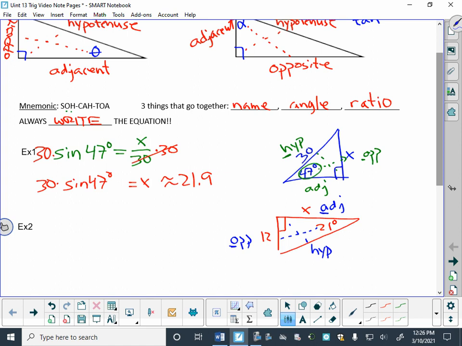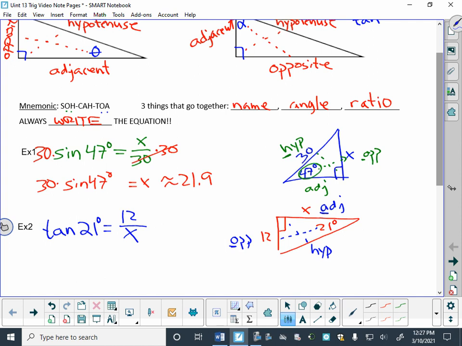So that's O and A, and in my mnemonic, the one that has an O and an A is the tangent. So I write tan of the angle, 21 degrees, is equal to, the first letter in that TOA is an O, so that's the opposite side, which is 12, divided by the adjacent side, which is x.